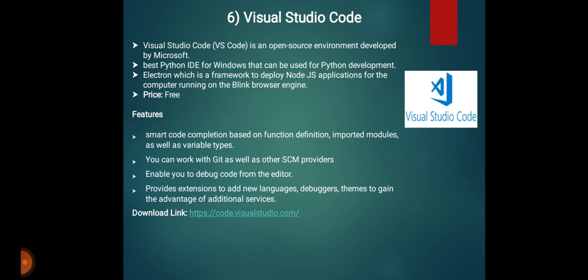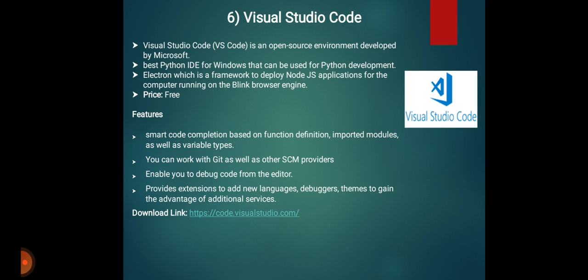It is also an open source environment developed by Microsoft, and it is one of the best Python IDEs for Windows that can be used for Python development. Then Visual Studio Code is based on Electron, which is a framework to deploy Node.js applications for the computer, which is running on the Blink browser engine. Also, this Visual Studio Code tool is supported on Windows, Mac OS and Linux operating systems, and this is a free of cost tool. You don't have to pay anything.